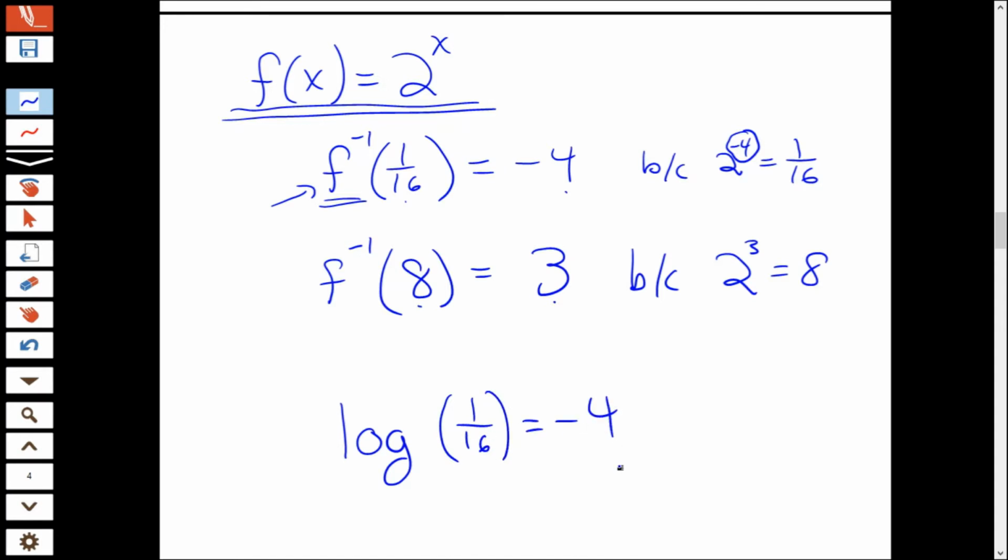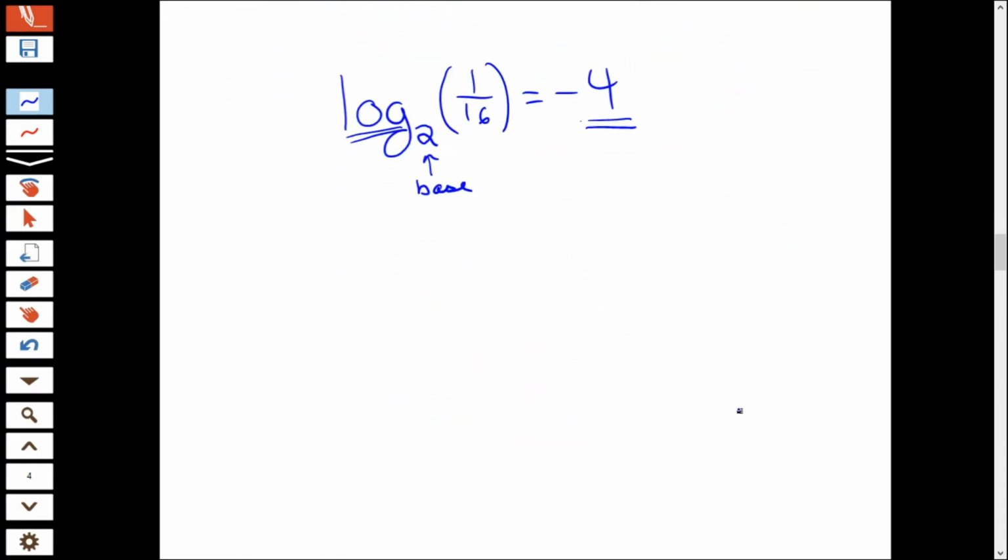But in order to tell you that we're using the exponential with a base of 2, we would normally write a little subscript down here to indicate the base of the exponential that we're using. So we would say log base 2 of 1 over 16 is negative 4, because 2 raised to the negative 4th is equal to 1 over 16. This log, just like our inverse, always equals the exponent, right? And it's the exponent relative to the base, which is your subscript here.